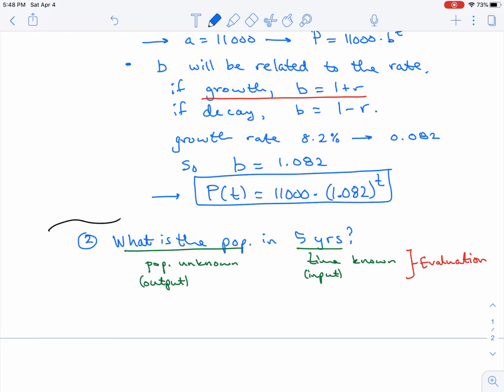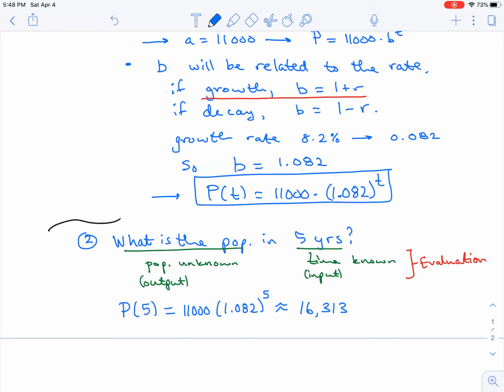So we're just going to plug in t equals 5. And this comes out to approximately 16,313.